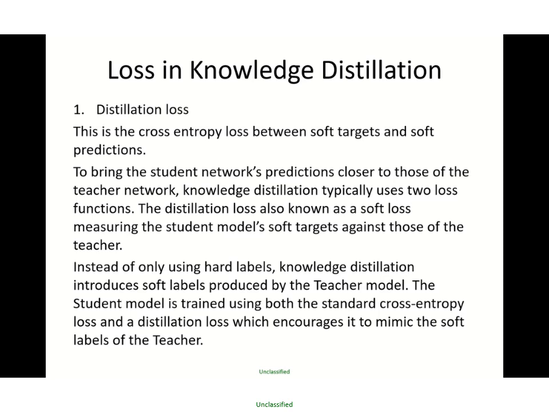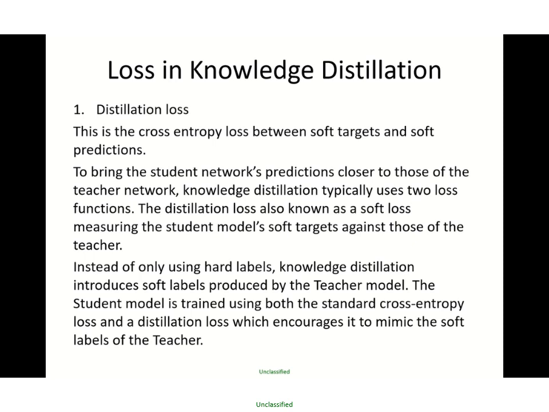To bring the student network's predictions closer to those of the teacher network, knowledge distillation typically uses two loss functions. The distillation loss, also known as a soft loss, measures the student model's soft targets against those of the teacher.